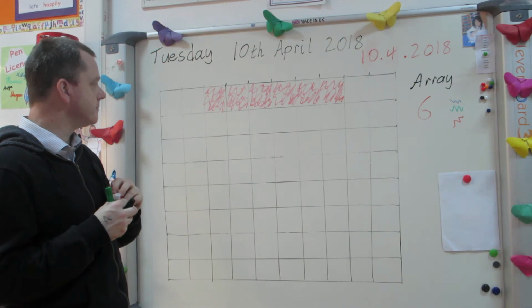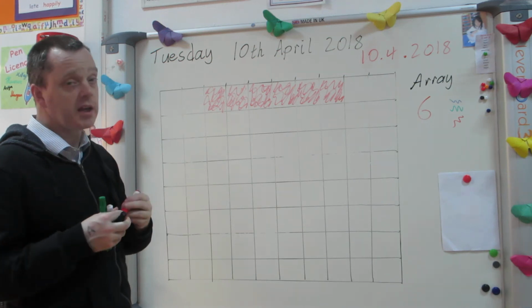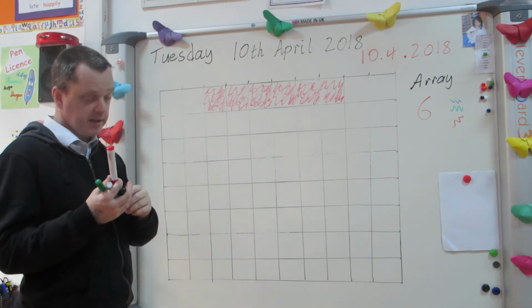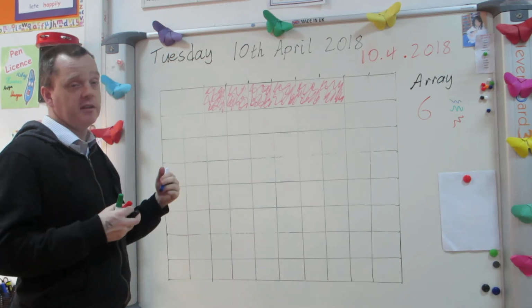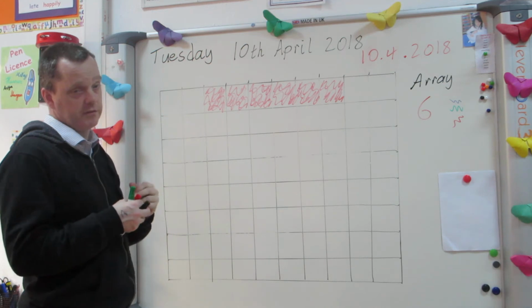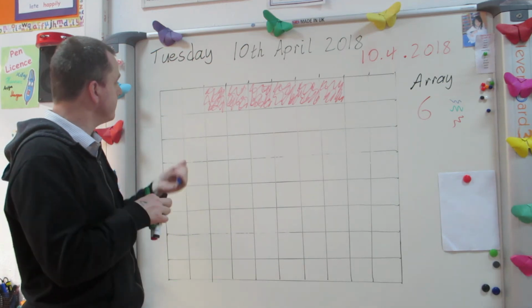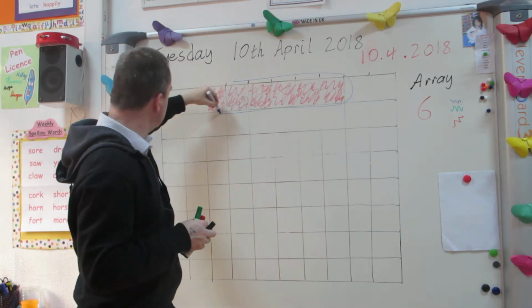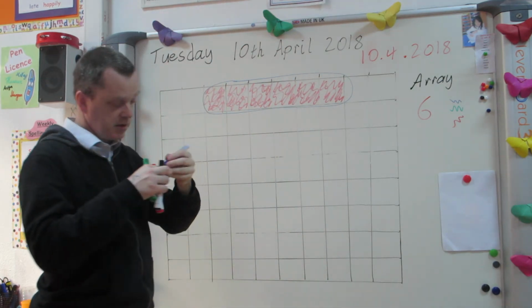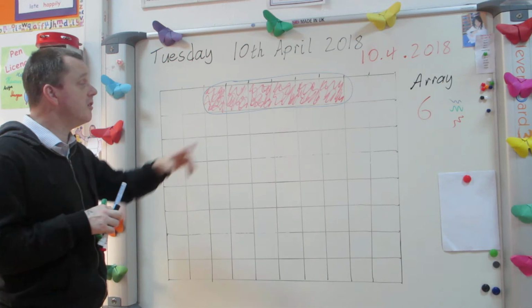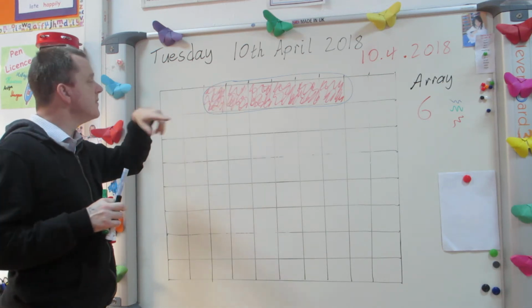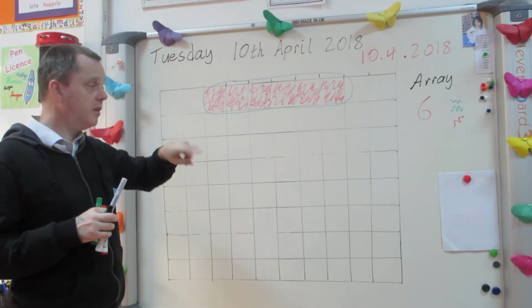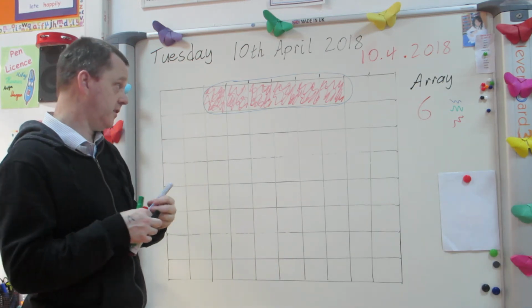Okay, now that can be a 6, like that. Now, the number sentence for this, if I go round and circle it like that, is 1 times 6.